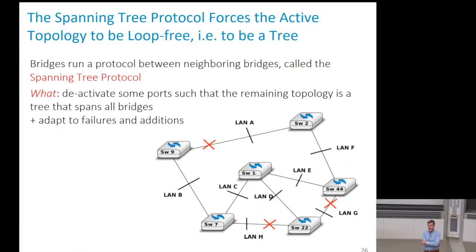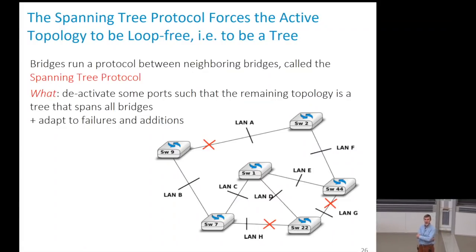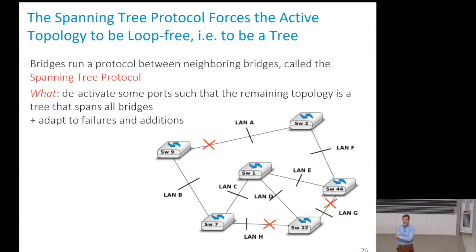The bridges take a brute force approach. They simply disable some of the ports in the local area network such that the resulting topology, the active topology, is always loop-free. And loop-free for that type of graph is synonymous to being a tree.